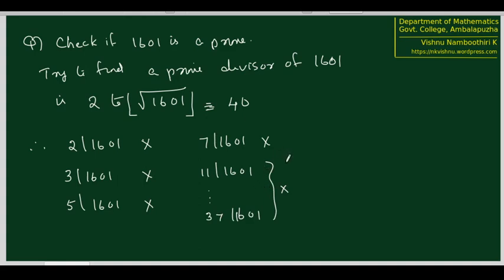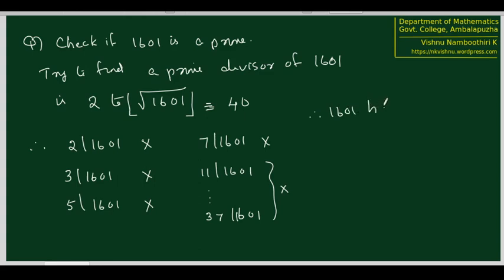Therefore, no prime in the range 2 to square root of 1601, which is approximately 40, divides this 1601. Therefore, 1601 has no prime factor in the range 2 to 40, and therefore 1601 cannot have any factor also in that range. So what we see is 1601 is a prime number.